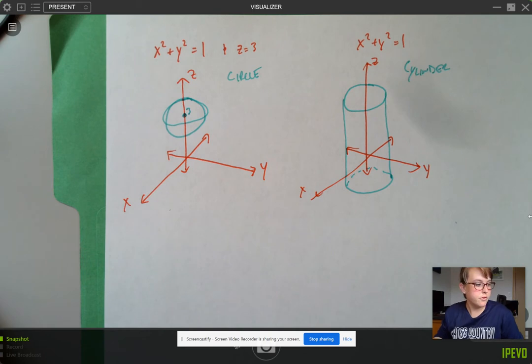Anyways, so those are some examples of surfaces that we will encounter in three-dimensional space, and what their equations involve.